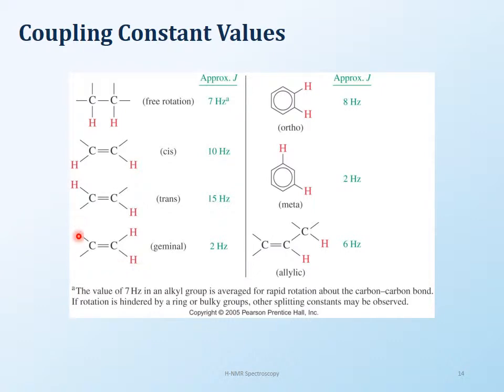Depending on what is on the other side of the double bond, these two may be equivalent or not equivalent. This value is assuming that these two are non-equivalent. So if they couple to each other, you will have a distance of 2 hertz between the splitting. The splitting for benzene for ortho protons is 8, for meta it's 2, so this is really far away. Anyhow, this is how you would see these numbers.